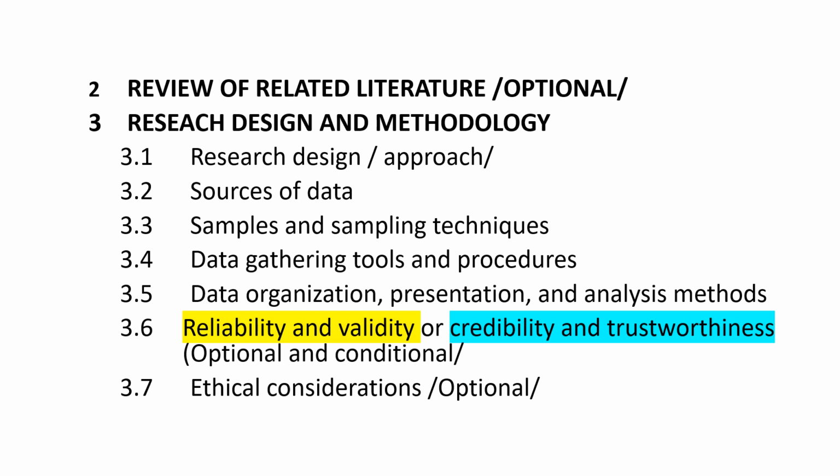Research design and approach, and then sources of data. Then come samples and sampling techniques. Next is data gathering tools and procedures. Next is data organization, presentation, and methods. And then reliability and validity, credibility and trustworthiness. This is optional and conditional.